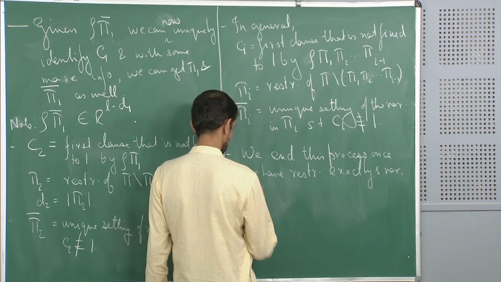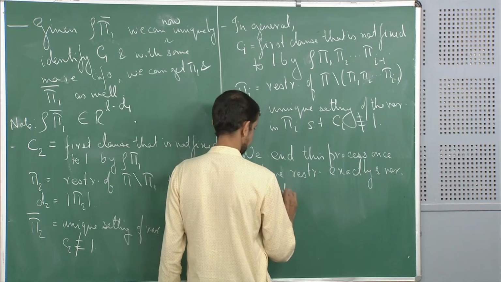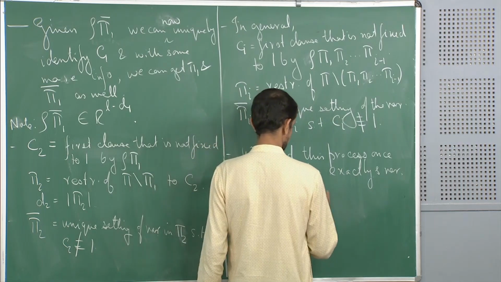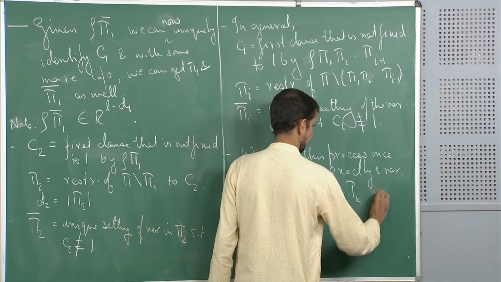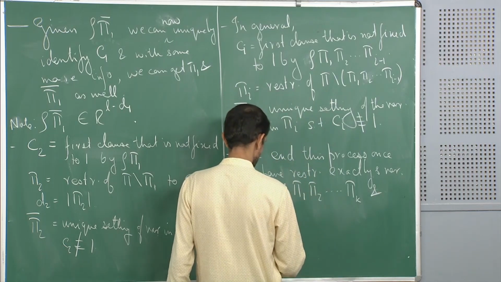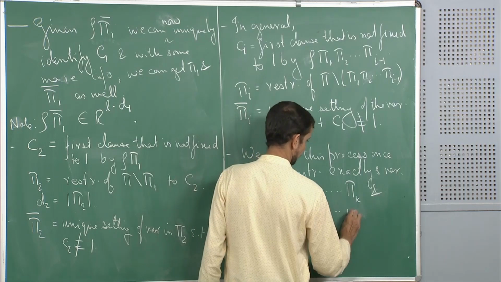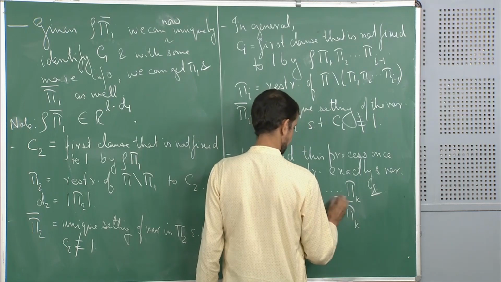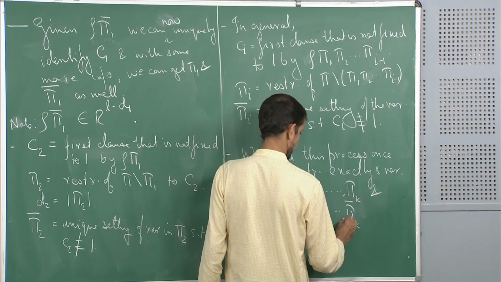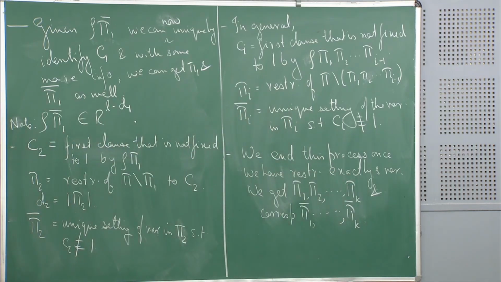Okay. So we get pi 1, pi 2 up to pi k, and correspondingly pi 1 bar up to pi k bar. Okay. So what are we saying?